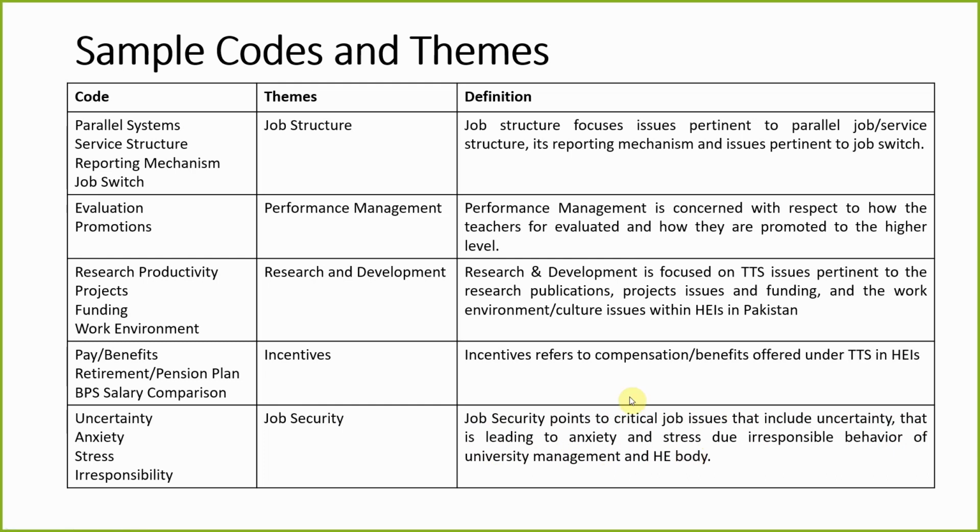So this is how you define these themes in your study. This is very important, because your failure to define your themes will cause problems when you are evaluating these themes, linking these themes to your literature, or discussing these themes in your thesis or research paper.